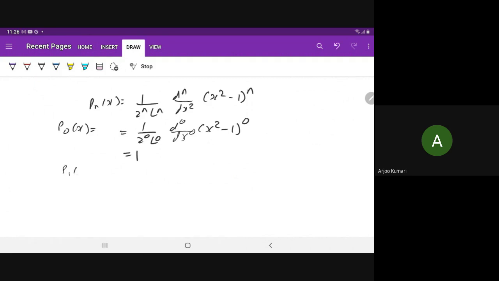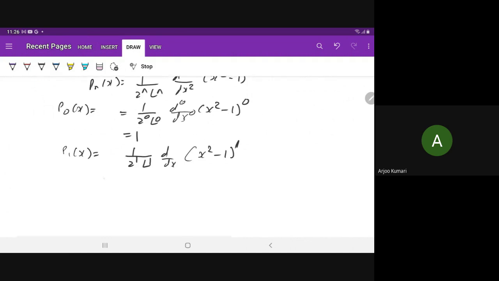Similarly, for P_1(x): 1 upon 2^1 1! d/dx of (x^2 - 1)^1, that is 1/2 into 2x, so 2 and 2 cancel out. Here we have x.